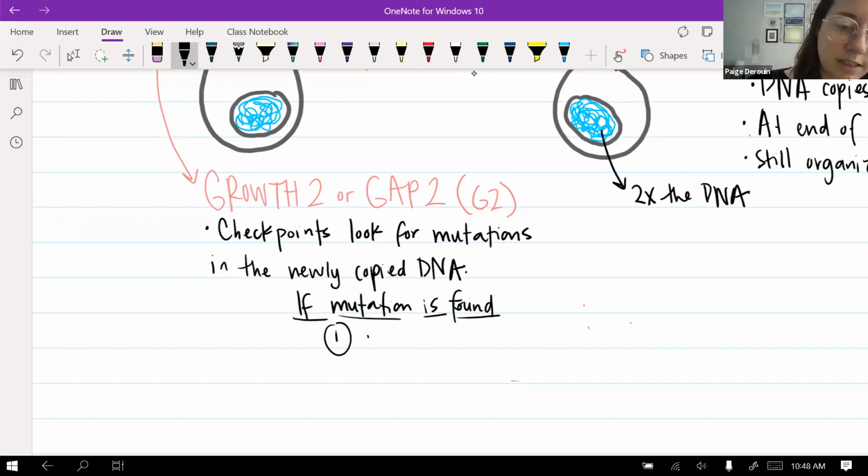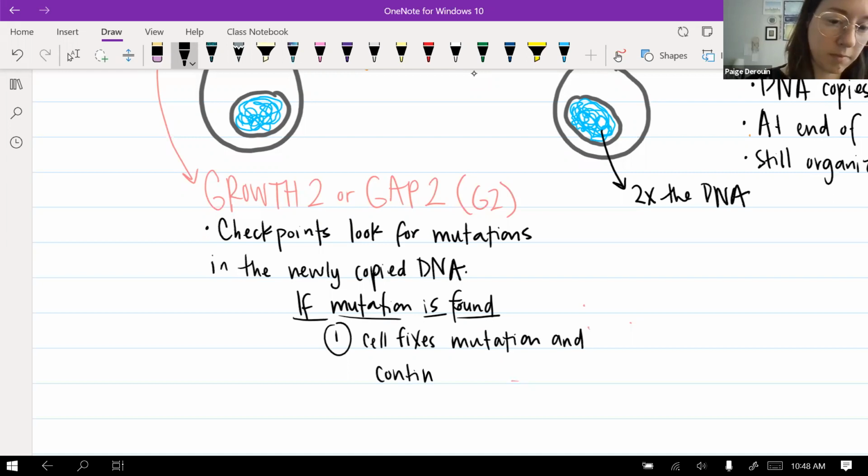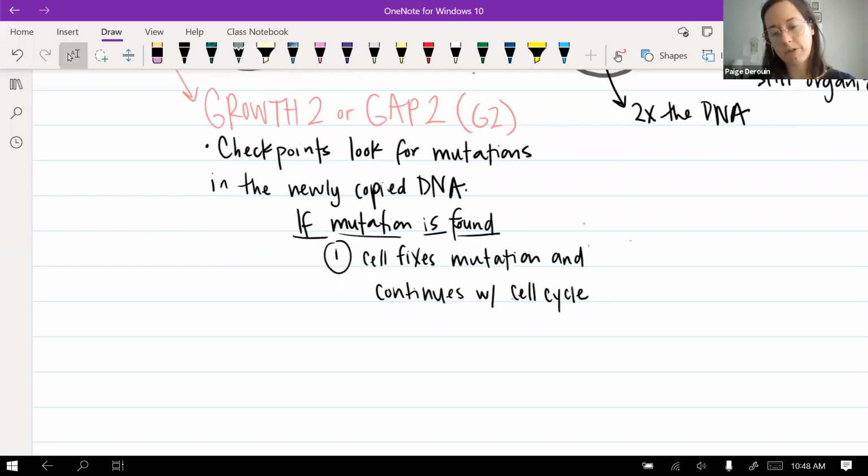The first one is that the cell will fix the mutation and continues with the cell cycle. And a lot of times it's as easy as that. It's just like, okay, we fixed it and we're going to keep going. Especially if it's a really simple mutation, cells are able to resolve that really quickly using enzymes.